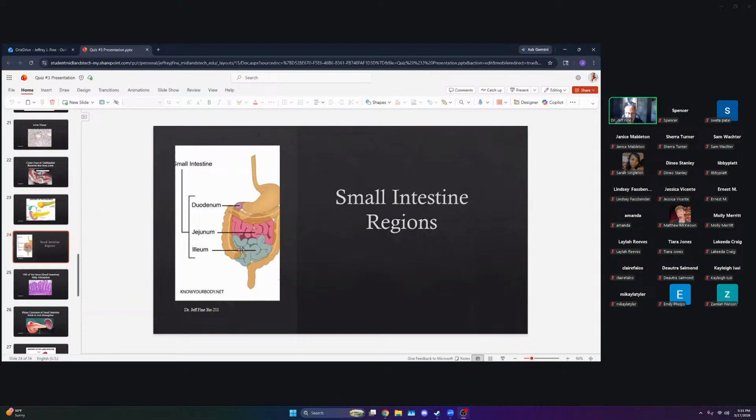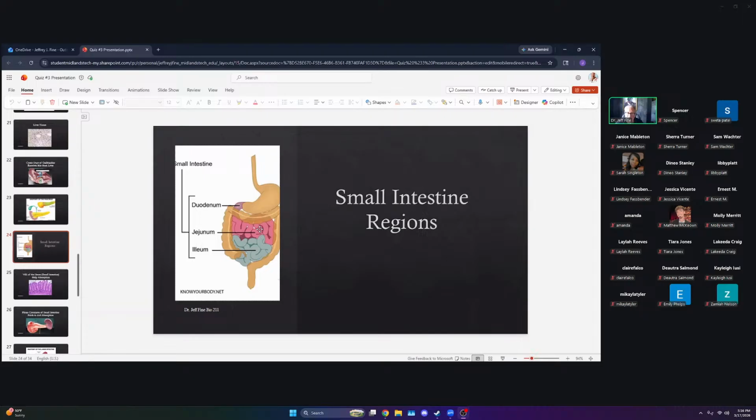Okay, so the three sections in the order of chyme progressing through it are duodenum, then the jejunum, then the ileum. Duodenum is only inches long. The jejunum and ileum are anywhere from 10 to 15 feet each in length, all compacted and wound up tight in here, as you can see.